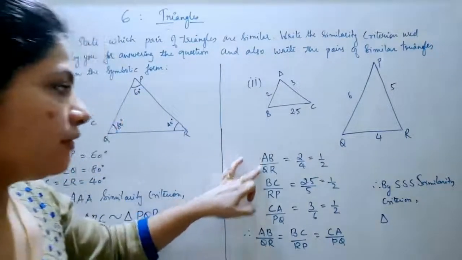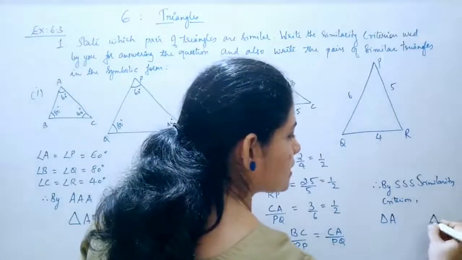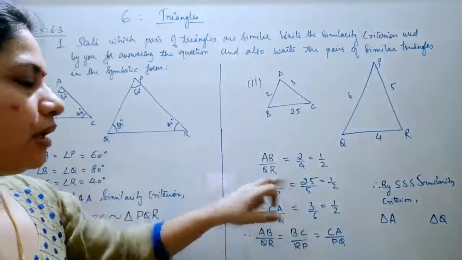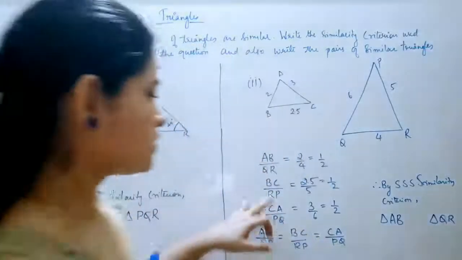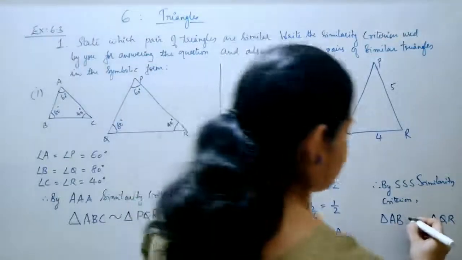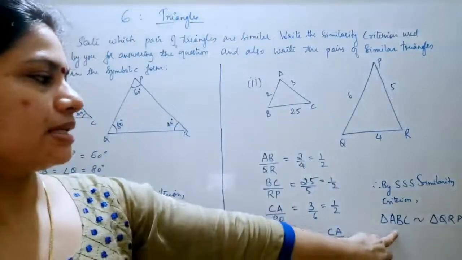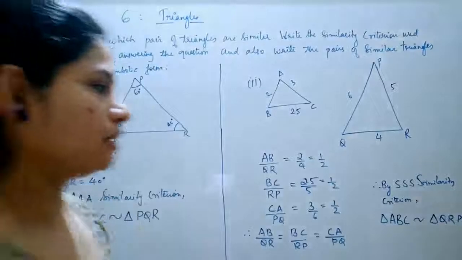Here instead of A we are writing Q. That means when I write A in the triangle, the other triangle should have Q there. Then for B you have to write R, and for C you are getting P. So you can say triangle ABC is similar to triangle QRP. Okay.